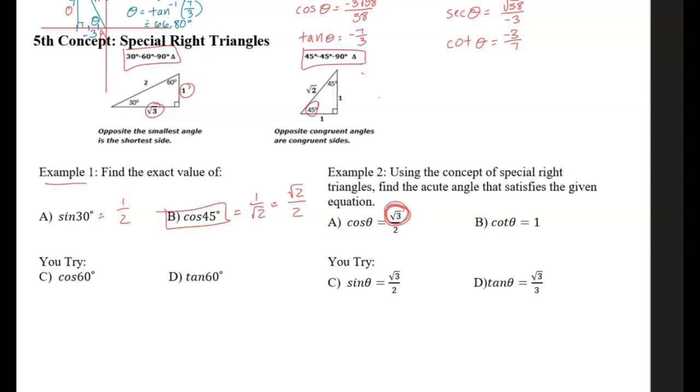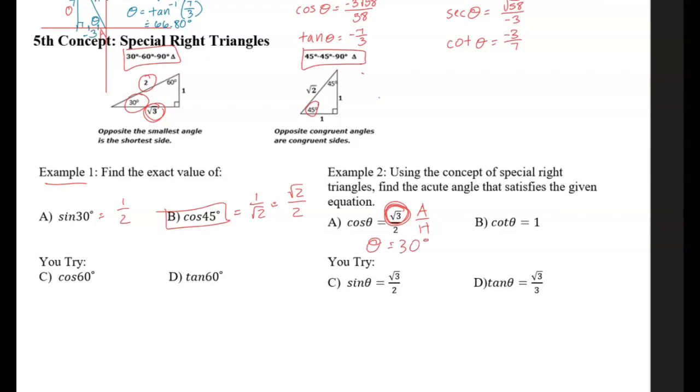Well, 30, 60, 90 does, not 45, 45, 90. So square root of 3 over 2 is this bottom side over this hypotenuse. And we know cosine is adjacent over hypotenuse. So which angle has the square root of 3 as the adjacent? Well, 30 does. So that means our theta is 30 degrees.